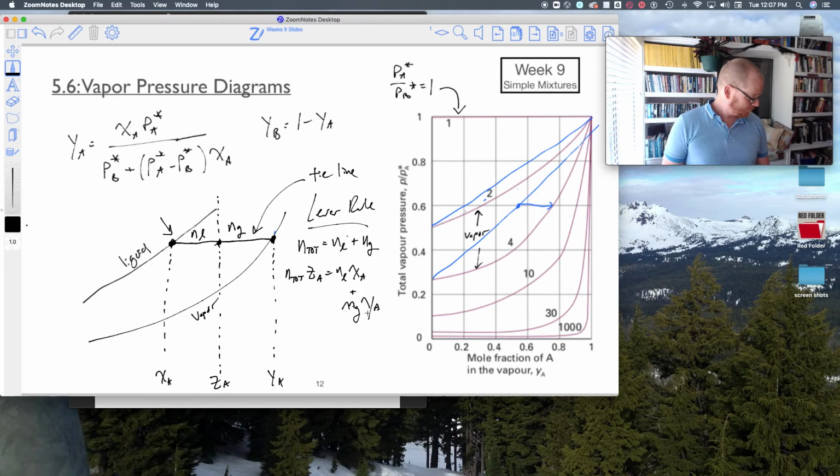Okay? And so what I can do then is some algebra. I'm not going to show all of this algebra, but basically it works out to be a proportion where the length of this line, so I'm going to say LL and LG, is directly proportional to the number of moles. So the lever rule simply distills to NL times LL equals NG times LG.